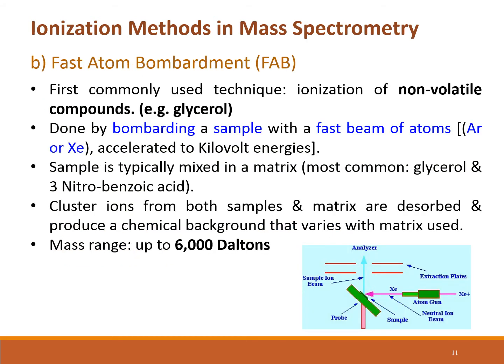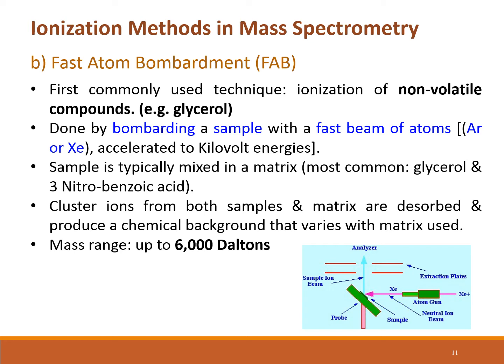The second one is fast atom bombardment, FAB. It is a commonly used technique. It is the ionization of non-volatile compounds, for example glycerol, done by bombarding a sample with a fast beam of atoms, such as argon or xenon, accelerated to kilovolt energies. The sample is typically mixed in a matrix.